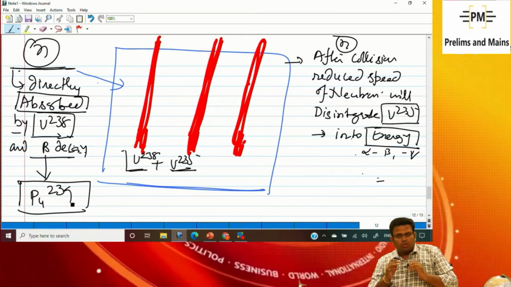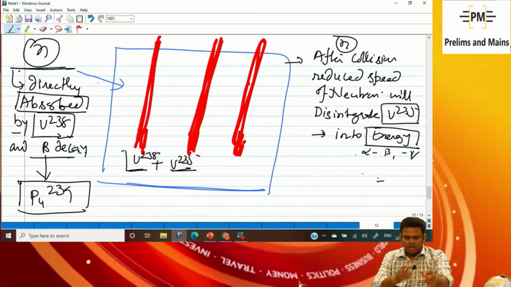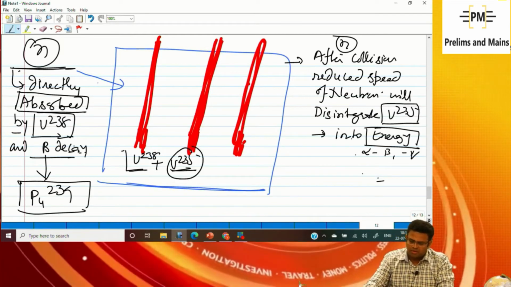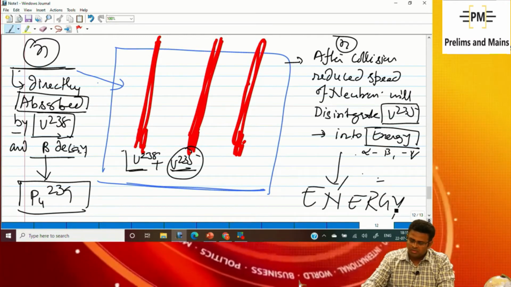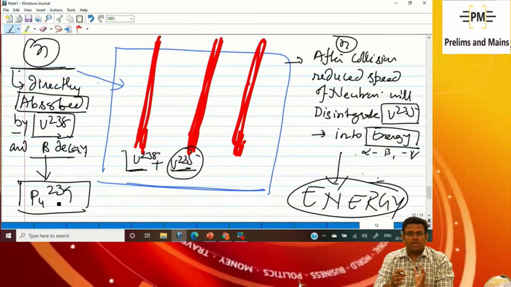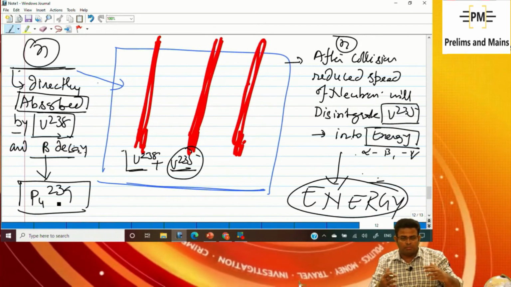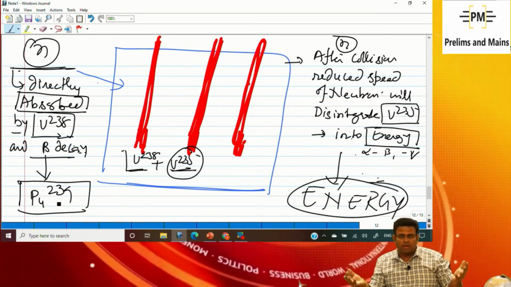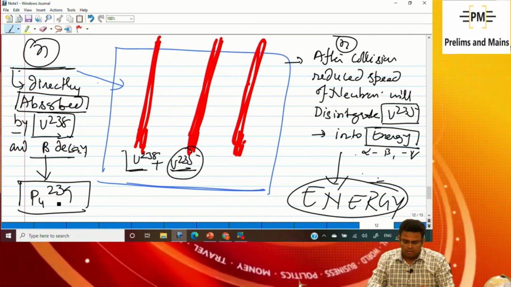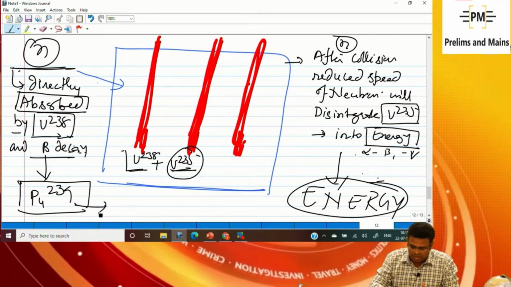Means on one side, uranium-235 is giving energy, and on the other side, transmutation means we are breeding a new type. Uranium-238 is converting and breeding a new type of fissionable material, that is plutonium-239.